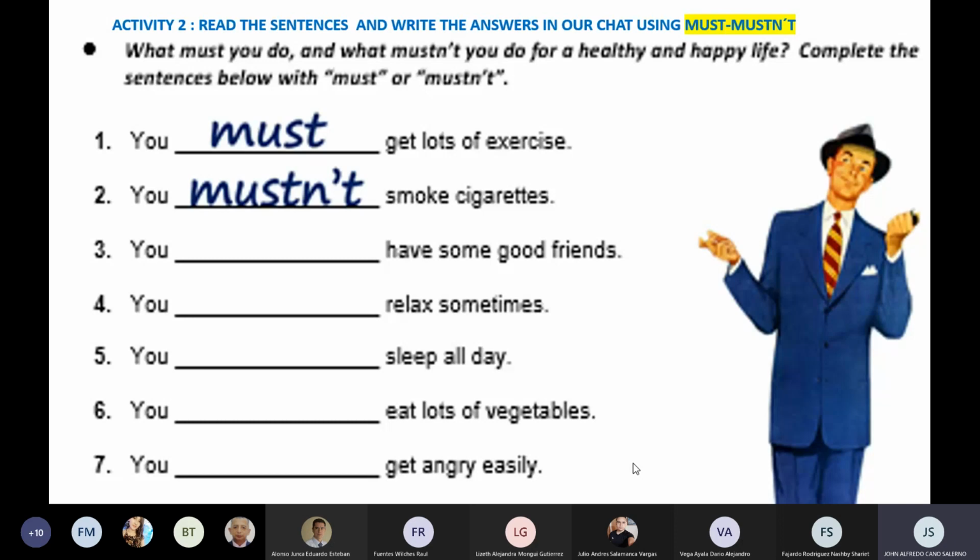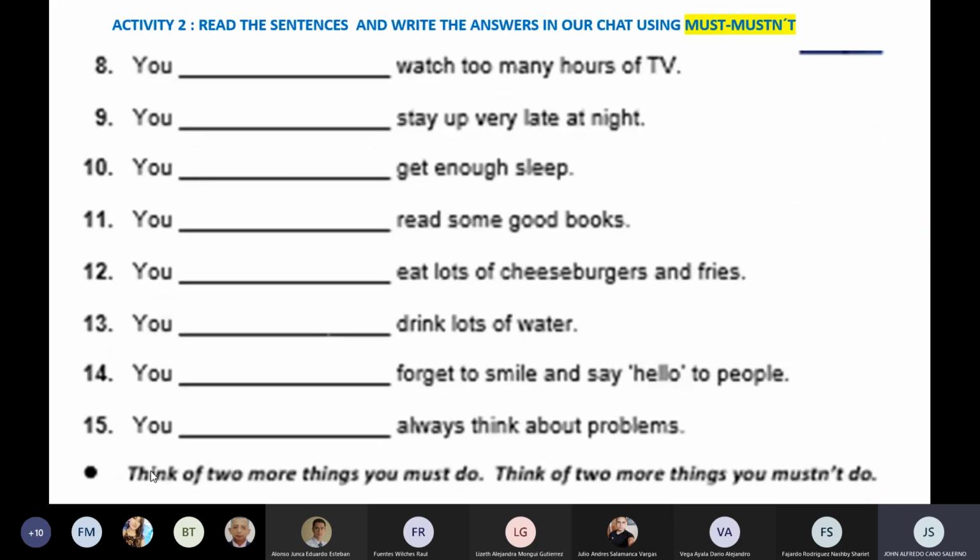You must eat lots of vegetables. Okay, what about number 7? Get angry easily. Como enojarte fácilmente. You mustn't get angry easily. Easily. Get angry easily. Okay, very good. What about number 8?